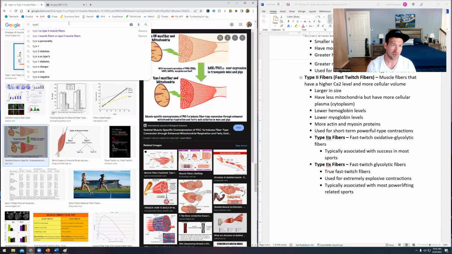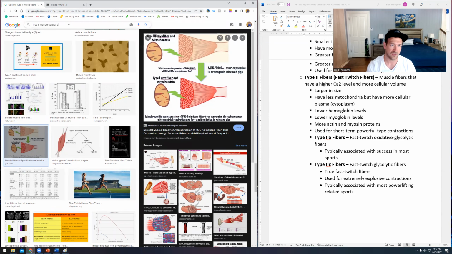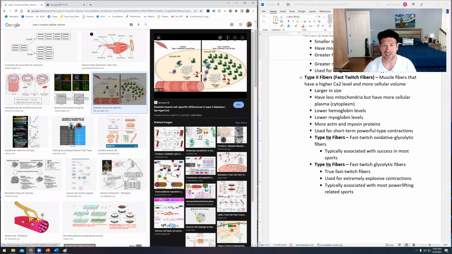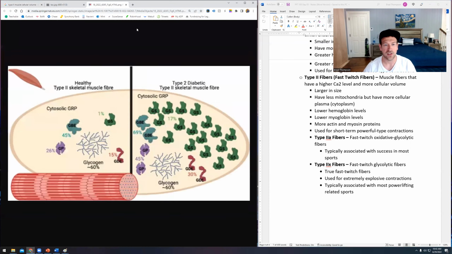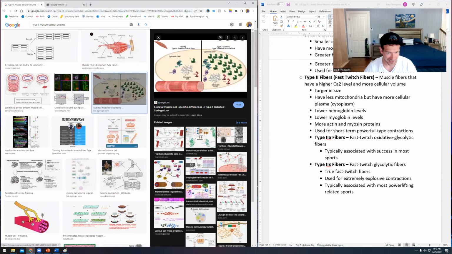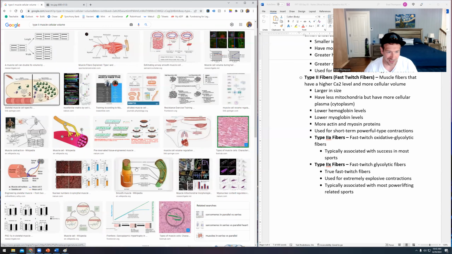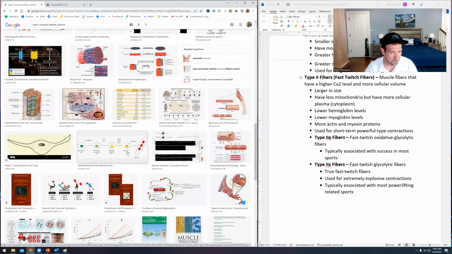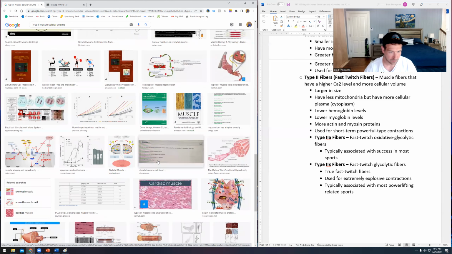If we look at type 2 muscle cellular volume, you'll see there's a lot of empty fluid space in here, right? So here's kind of the difference between a type 2 muscle fiber. And, oh, that's kind of what I was looking for, but that actually is a picture of a diabetic. That's showing how glucose can get stuck in the cell and suffocate it. Well, you know what I'll do?